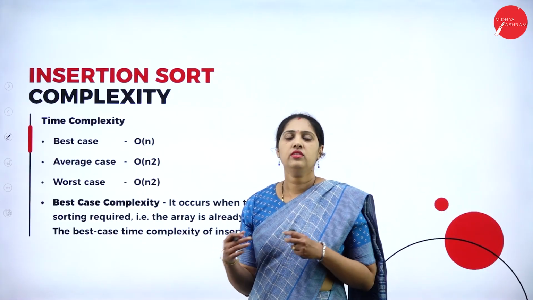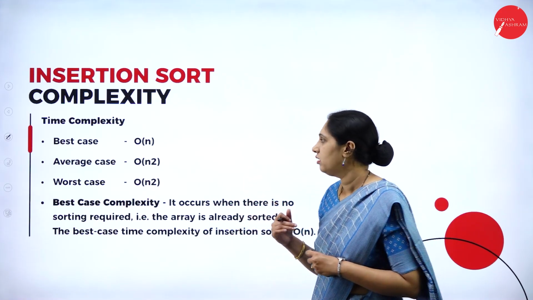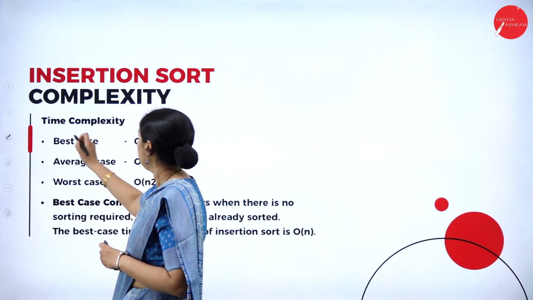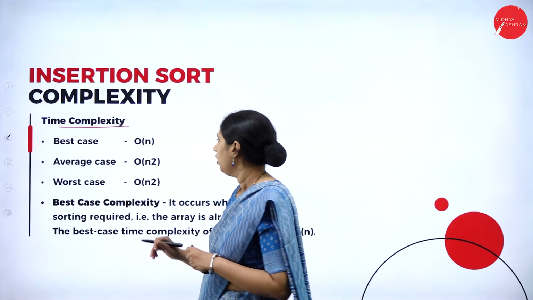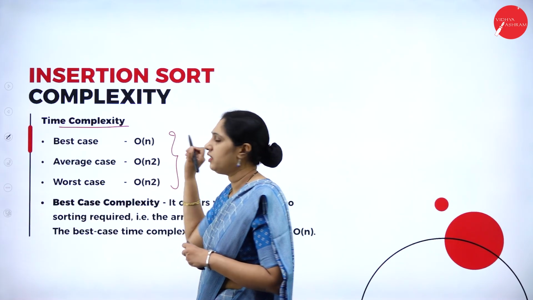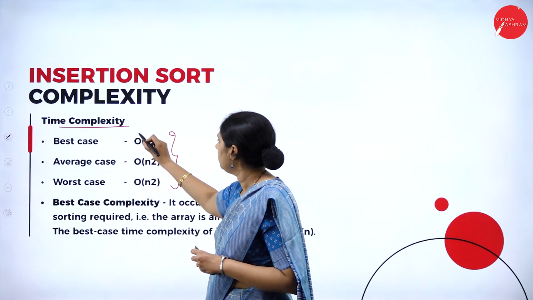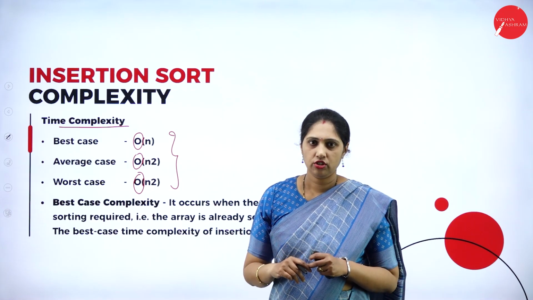Next, we know the steps in insertion sort, but how much time will it take to execute? We determine this using the complexity, that is, time complexity. We already discussed this in our unit 2: the best case, average case, and worst case. We consider a symbol, big O, which is asymptotic notation.